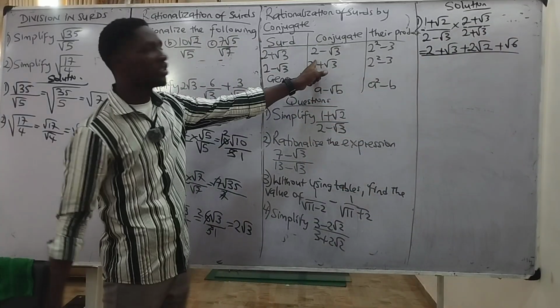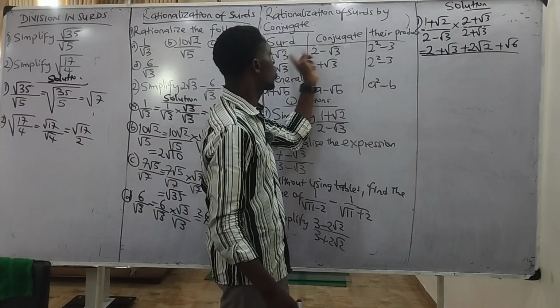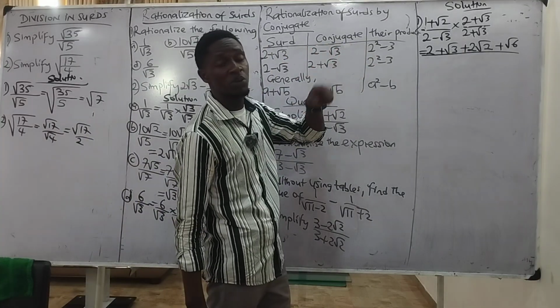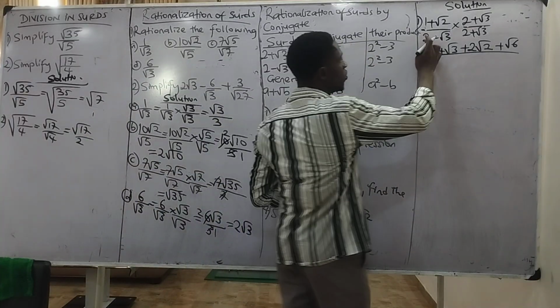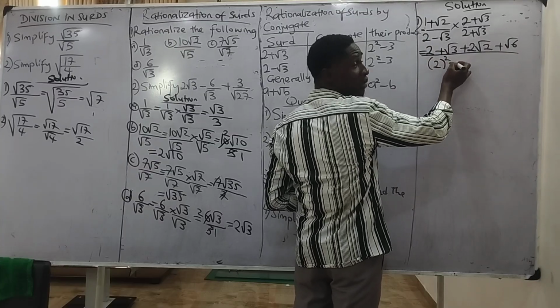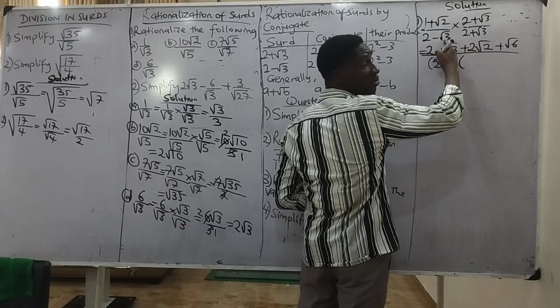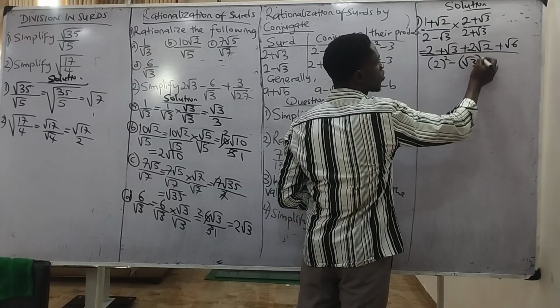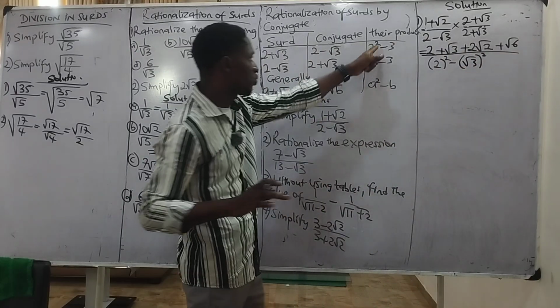Then the idea of what we did here: when a surd is being multiplied by its conjugate, you pick the first number here and square it, put minus, pick the second term here and also square it. That is the idea of what we just explained.